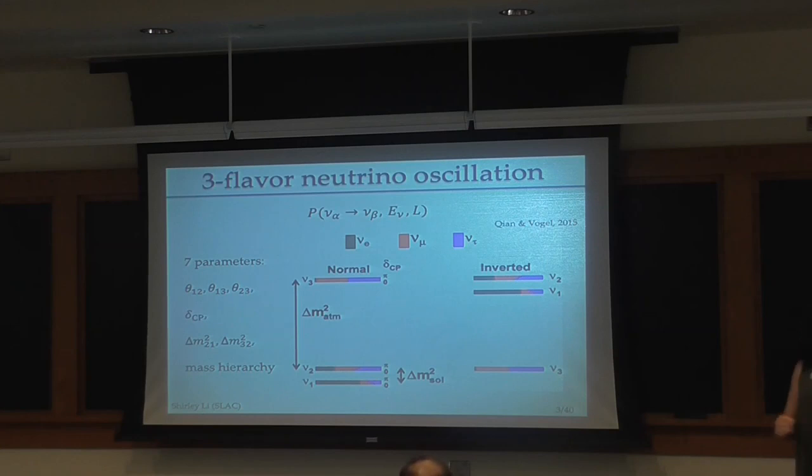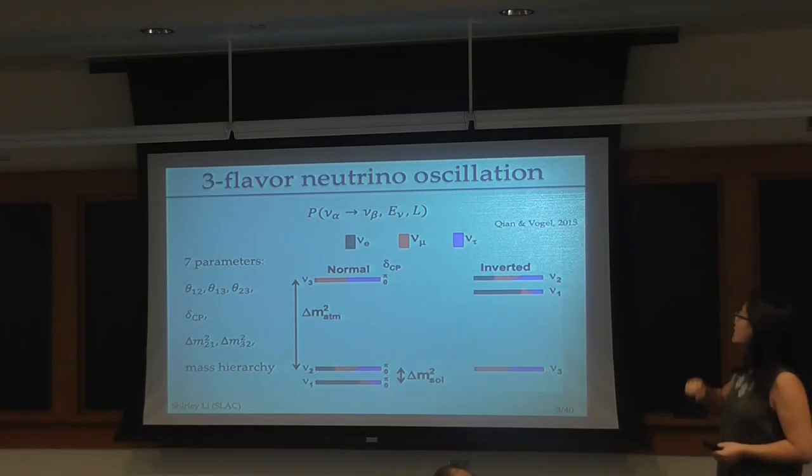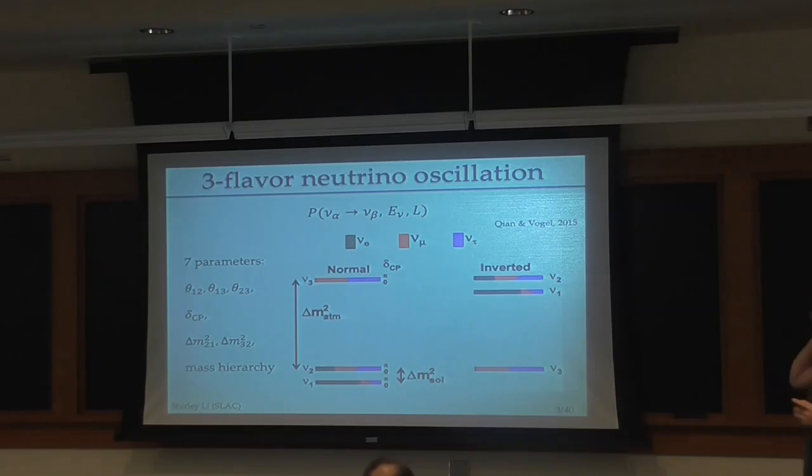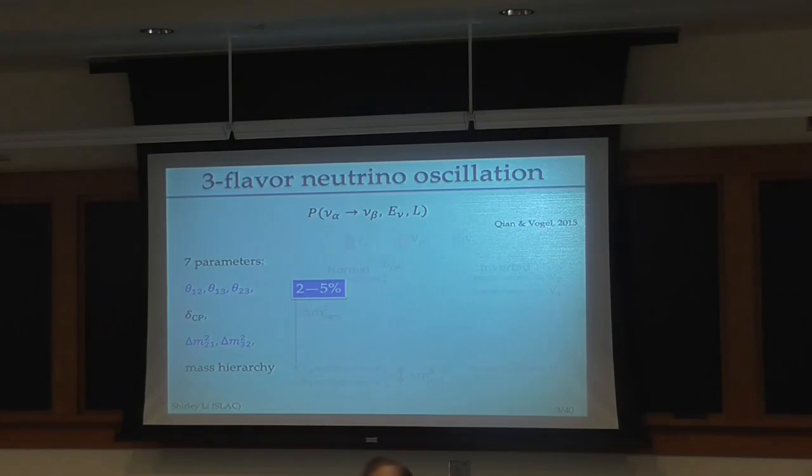And for neutrino oscillation, we also care about the mass-squared differences, because there are 3 mass eigenstates, so there are 2 mass-squared differences. Of the 7 parameters, I would say that these 5 we've measured, and we're entering the precision era to measure these parameters. The accuracy we have now is only a few percent, which is very nice.